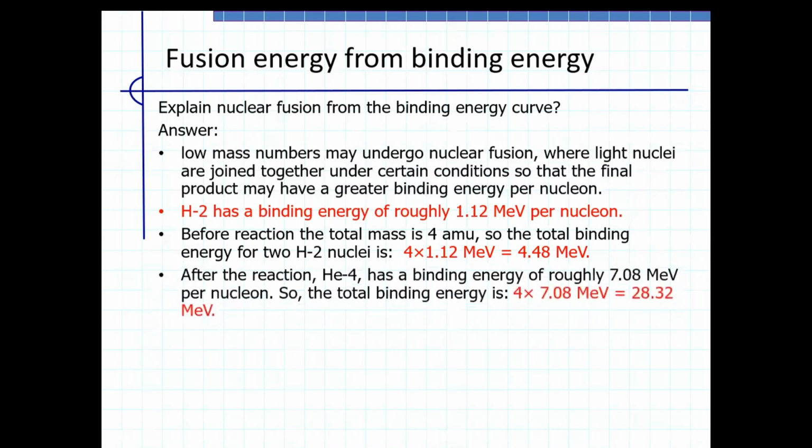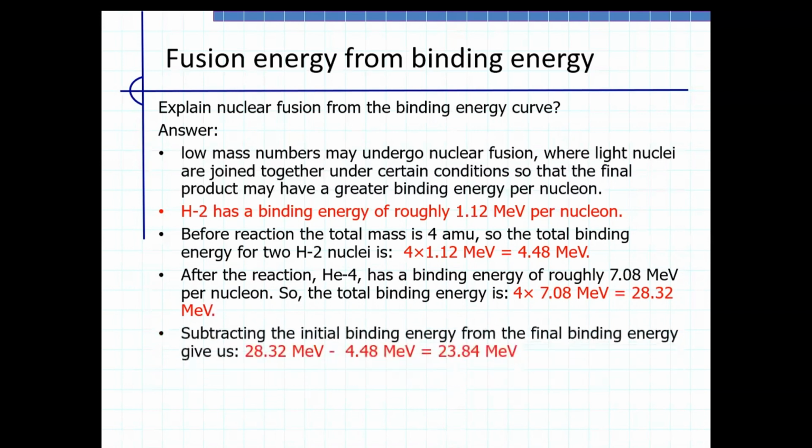After the reaction, helium is formed, and it has a binding energy of roughly 7.08 MeV per nucleon. So the total binding energy becomes 28.32 MeV. Subtracting the initial binding energy from the final binding energy, we get 23.84 MeV.